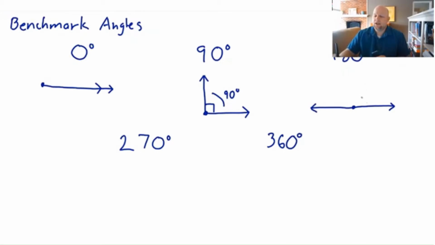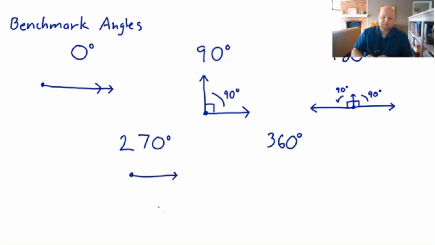If we wanted to show this as two 90-degree angles, we would simply put a small ray going straight out of the top and a square there, denoting that this is 90 degrees, and another square denoting that this is 90 degrees. And two 90-degree angles equals 180 degrees.